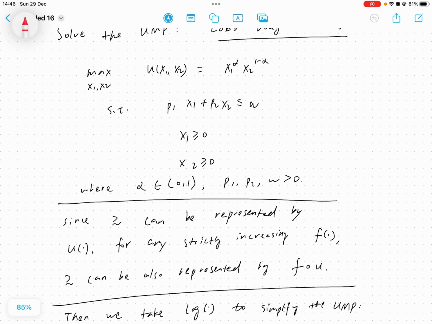So we can simply transform this utility function using some other strictly increasing function to make the calculation easier.